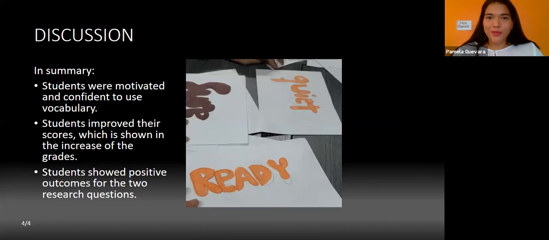Sometimes that is what we look for in our students. English language is sometimes difficult for people that do not use it in their households, or they just don't have the tools or internet or any resource where they can find English language. Students showed positive outcomes for the two research questions.